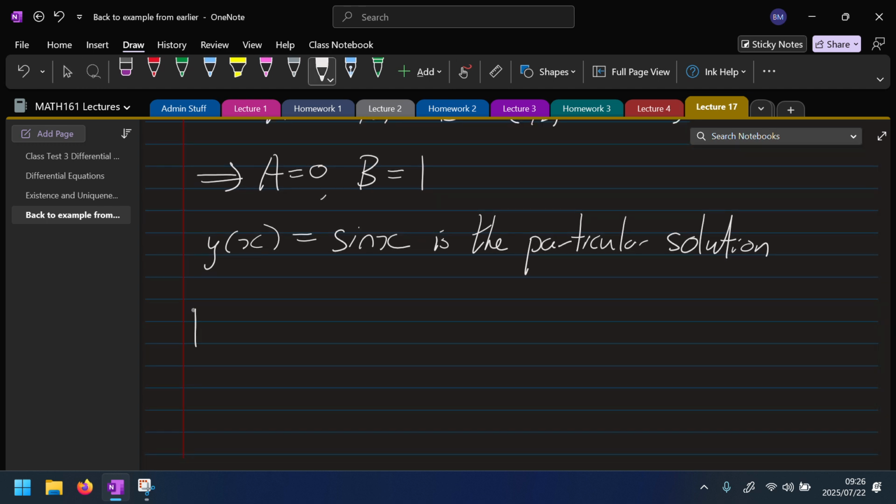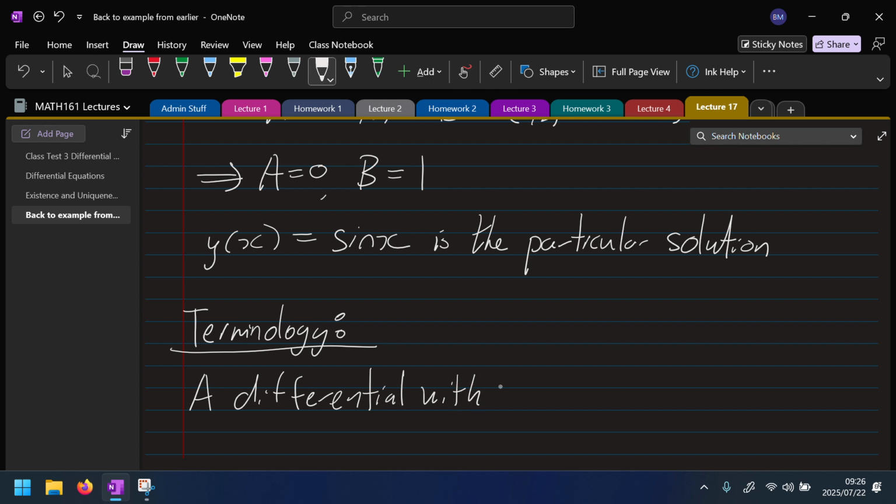Yeah, and then just some terminology. Okay, a differential equation with a set of initial conditions.